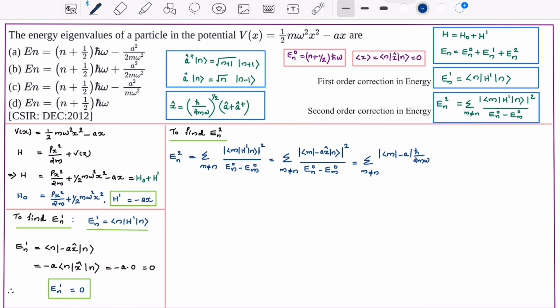Now substitute the value of x here, that is (h bar by 2m omega) whole raised to half, then a plus a dagger, then n, whole square divided by En0 minus Em0.